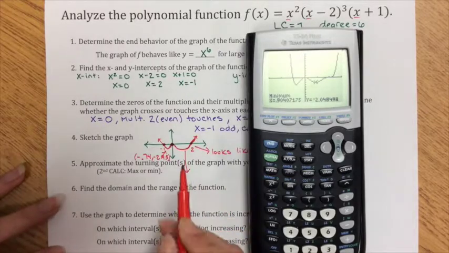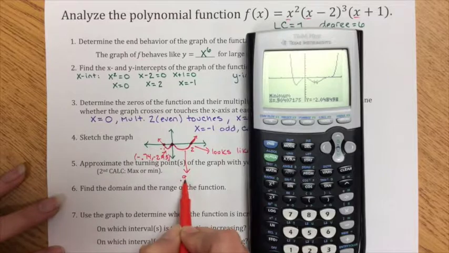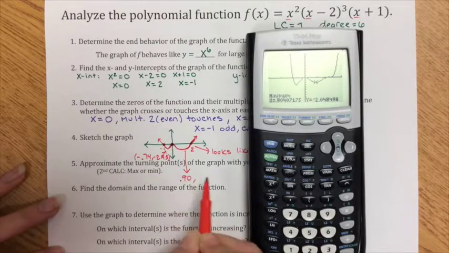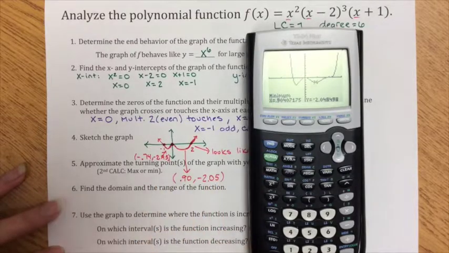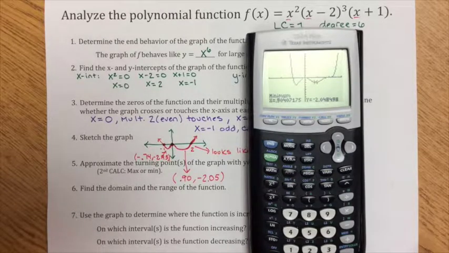This turning point right here is 0.90 comma negative 2.05. So there is that turning point. Okay, now we're ready to find domain and range and where our graph is increasing and decreasing.